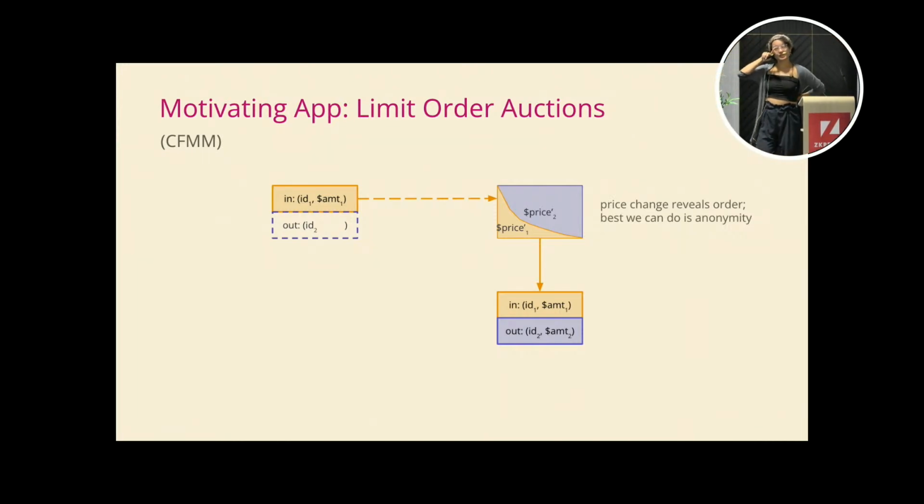Now, the thing about these two variants is that they are actually kind of the same thing. So if you consider a concentrated liquidity position, if you make the liquidity position narrow enough, that's pretty much a limit order.